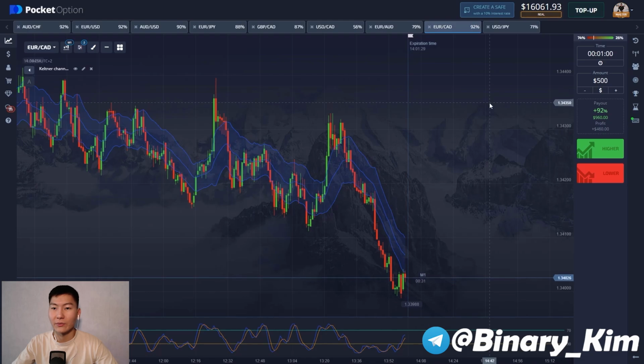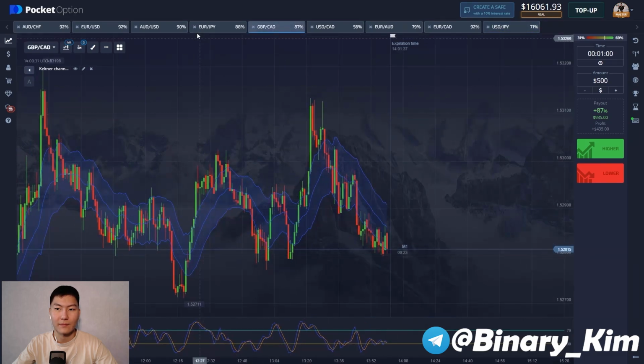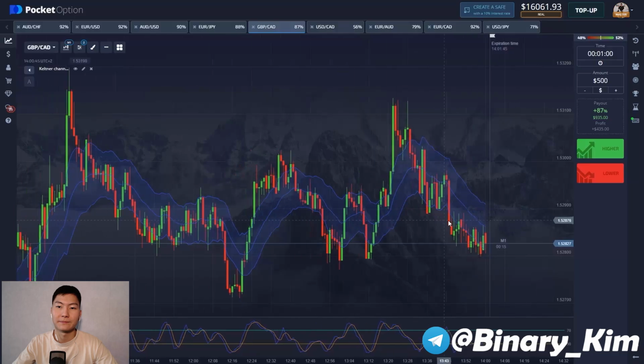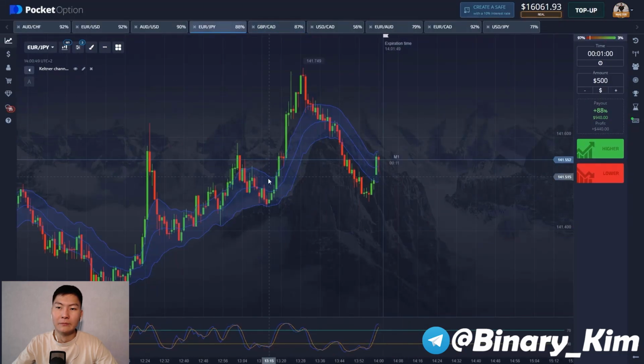And let's continue analyzing and have a look at this. We see the touch of the support zone. The price is kind of going sideways. I think we should slow down here.